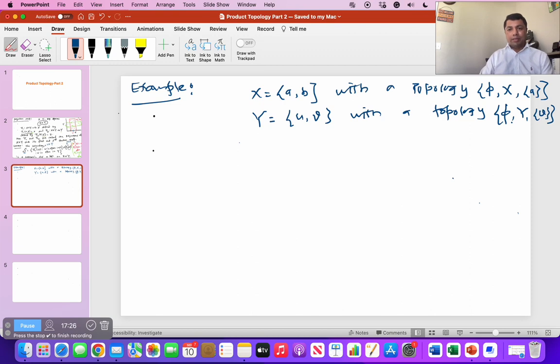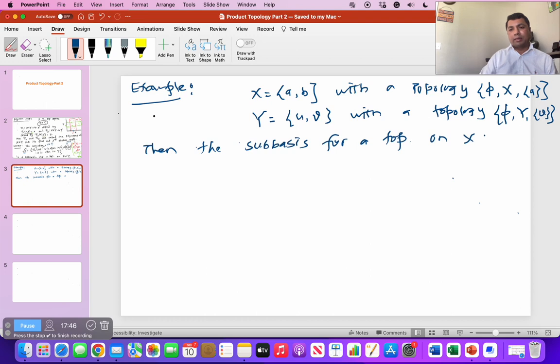All right, now by that lemma, the subbasis for the product topology on X cross Y is the collection of the following. You take the Cartesian product of each open subset of X with Y. That's the first part in our lemma.